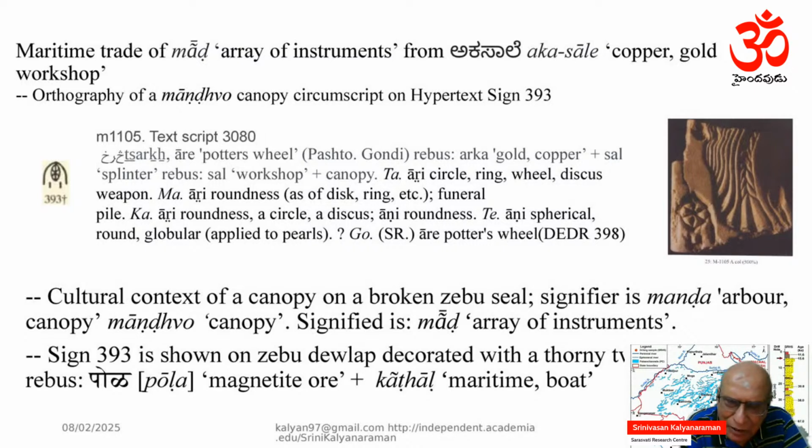That means the dewlap, the Zebu bull, and the thorn, maritime boat. So maritime cargo carrying this arkasala's products from the warehouse constitutes the cargo manifest. Maritime cargo manifest. Next please.